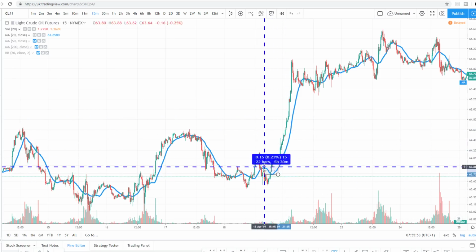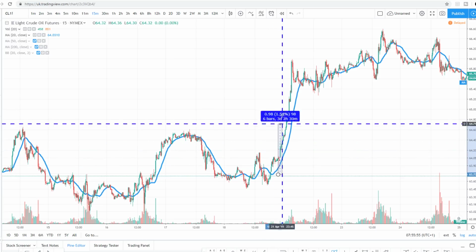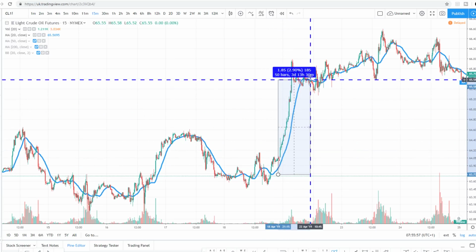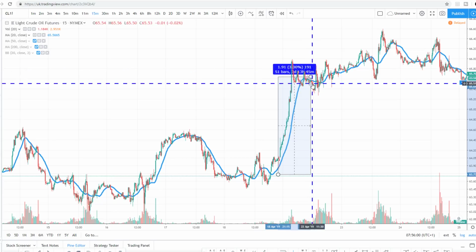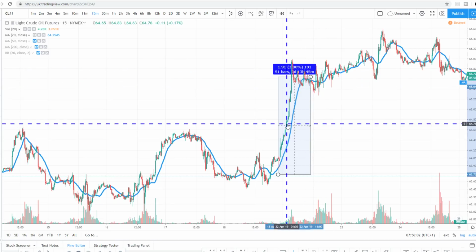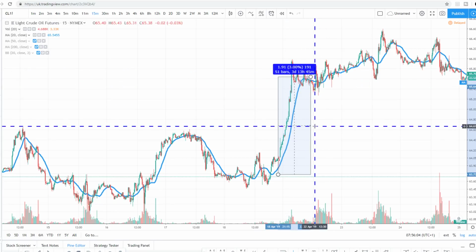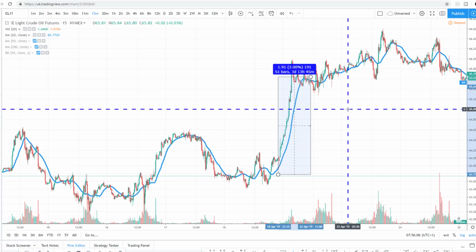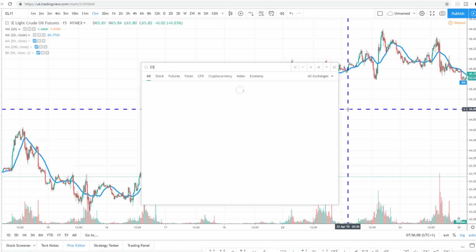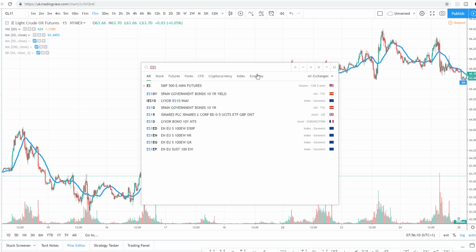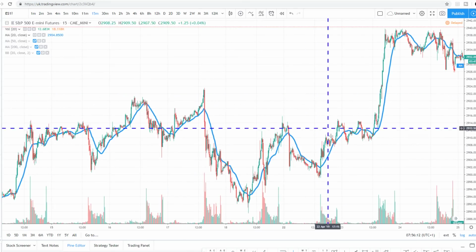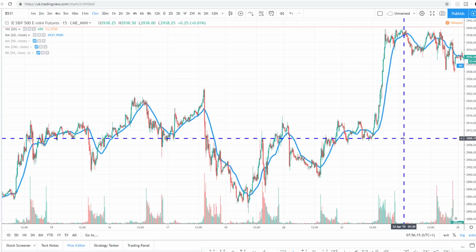As it starts to move away, you bring your stop to break even. Didn't really break it until here, and that would have got you 191 pips. I'm not sure what the futures contract per pip is on oil, but it's got to be at least $10, I reckon. So that's the way I use the 15-minute 20 simple moving average from a day trading perspective.